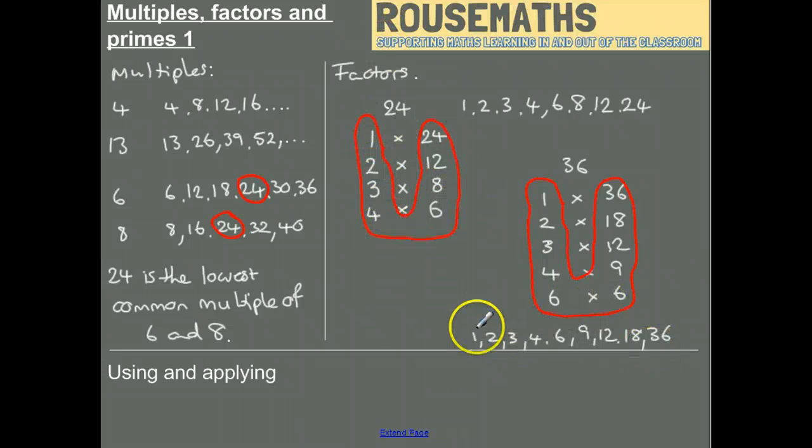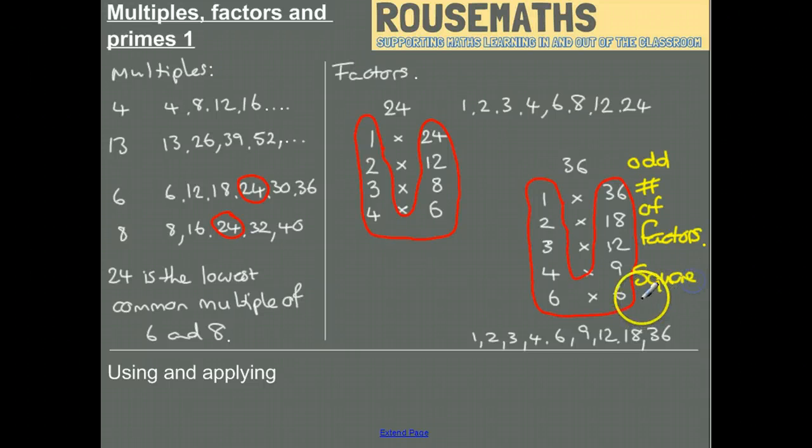For this one we've got 9 factors, and because it's got an odd number of factors, that means it's a square number. So always a way to spot a square number, it has an odd number of factors because it's got this repeated one here.